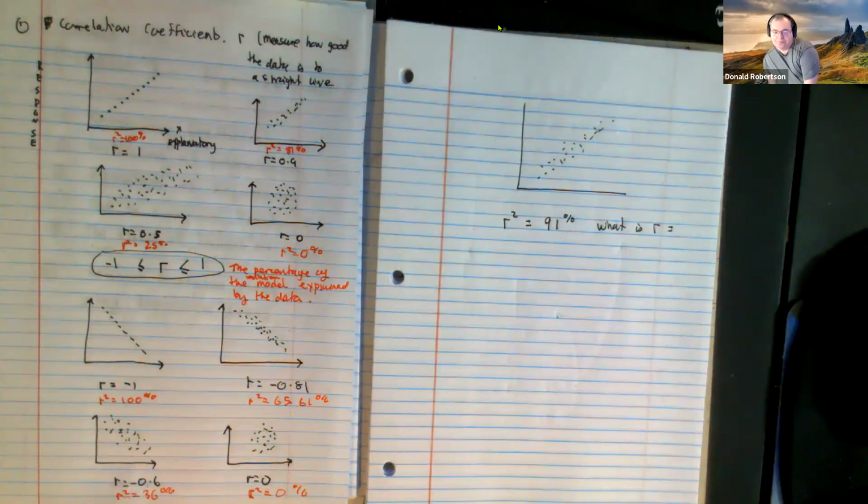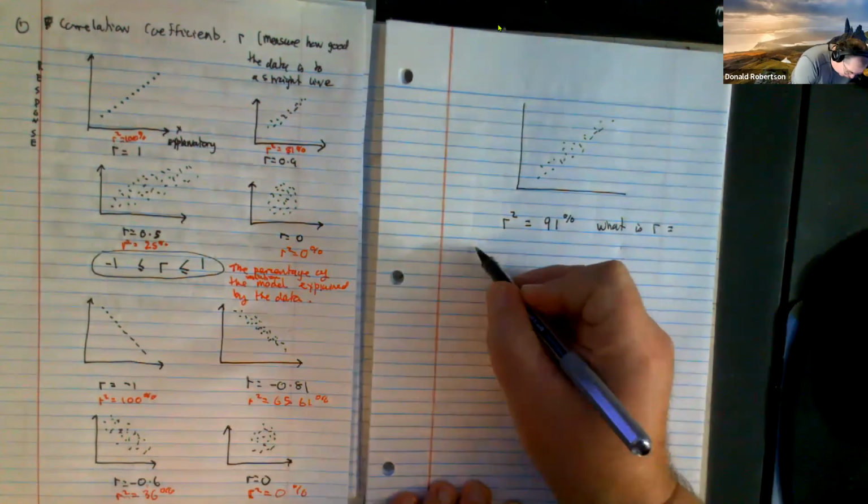There's a data set, and I'm telling you that R squared is 91%, and I'm asking you to find out what the correlation coefficient R is. Now, you've got to be careful how you do this. Would you agree that there's probably going to be a square root happening somewhere? The problem is that people make a mistake about which one to do. Don't do this one.